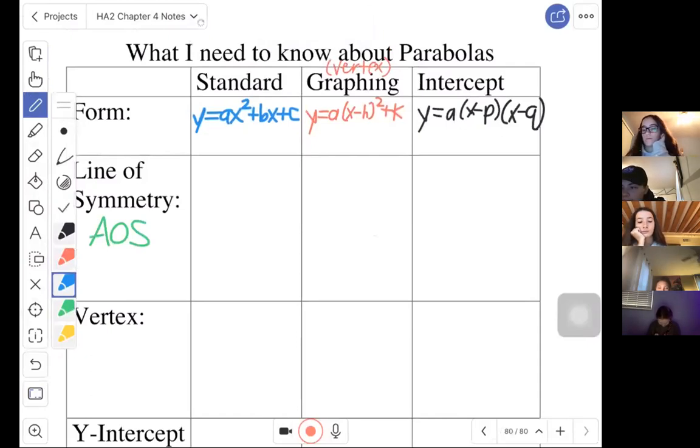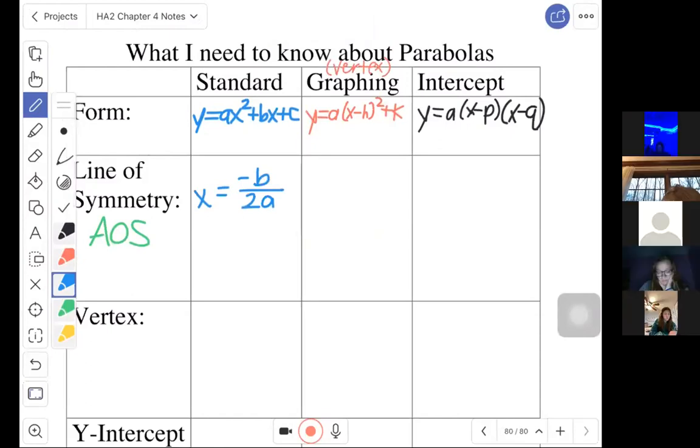Faith, what's that formula for standard form when we're finding that axis of symmetry? Negative b divided by a times 2. Yeah. Now let's just make sure it's x equals. When we write our axis of symmetry, it's going to be x equals a number. Great.